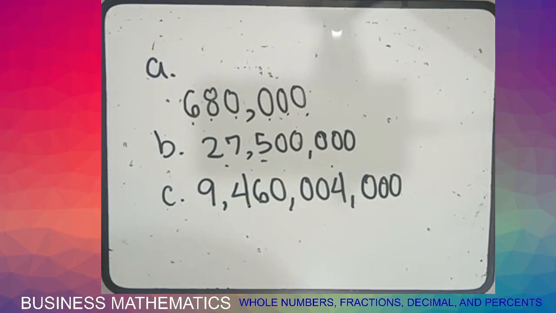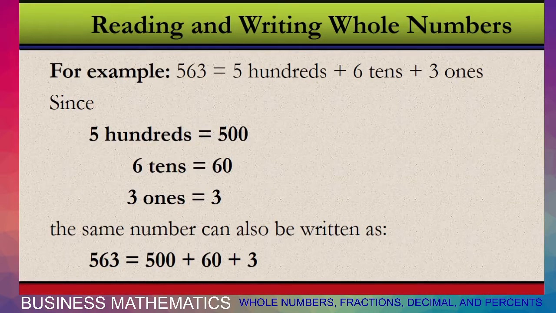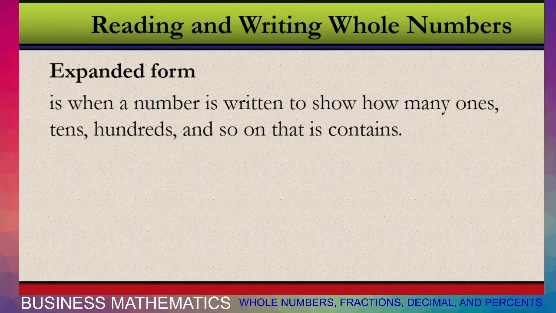Okay. So, next. Ulitin natin. Balik ulit tayo dun sa kanina. So, expanded form, it is when a number is written to show how many ones, tens, hundreds, and so on is contained. So, pag sinabing expanded form, yung parang ginagawa natin kanina, yung binibigay natin kung ilang yung ones, tens, hundreds, and so on. Pero dito sa expanded form, nilalagyan natin siya ng plus. Okay?